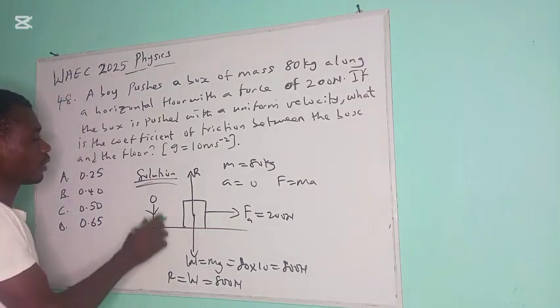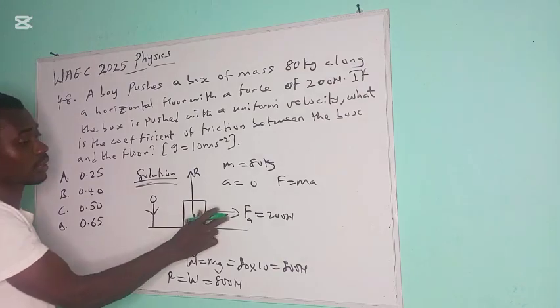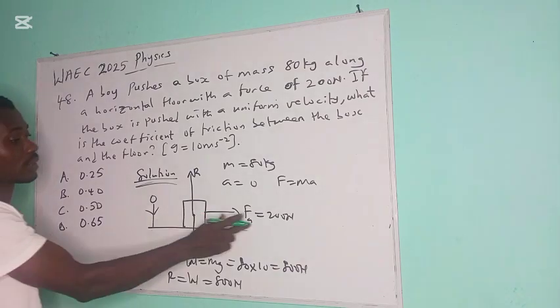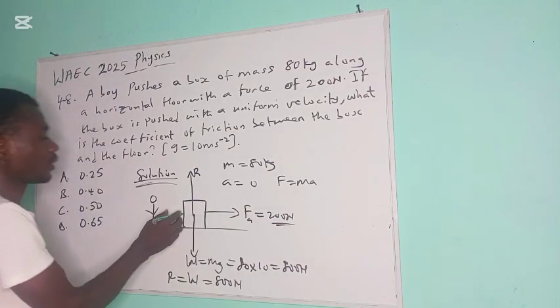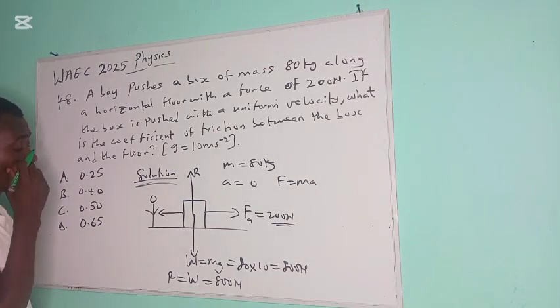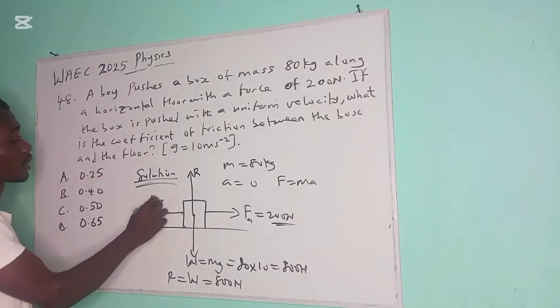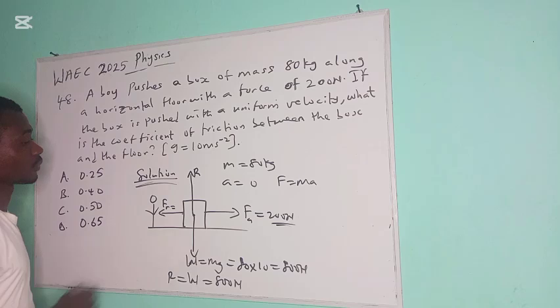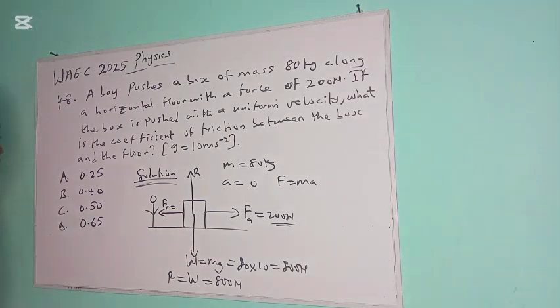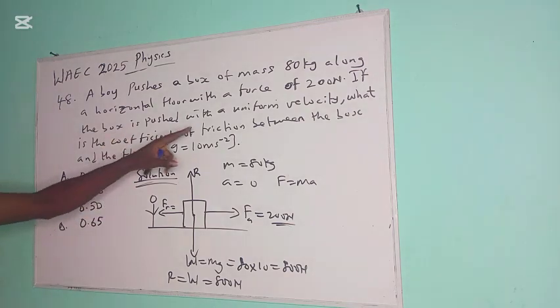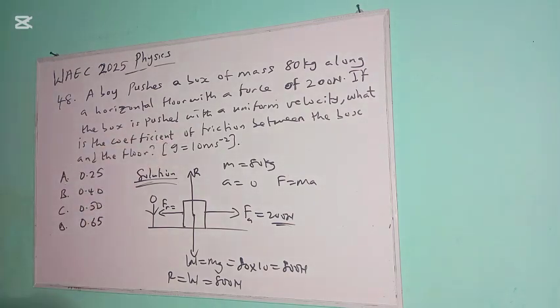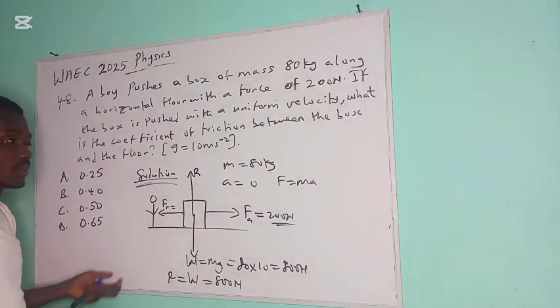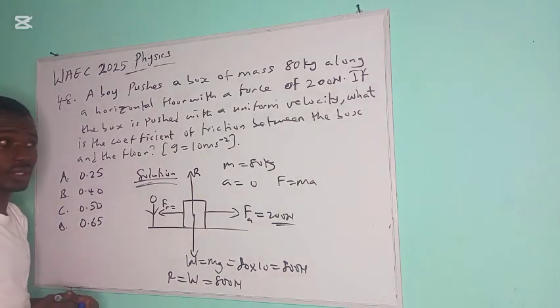Now, if the boy pushes the mass with this force, what about the frictional force? Since the box is pushed with a uniform velocity, we know that the acceleration is zero.